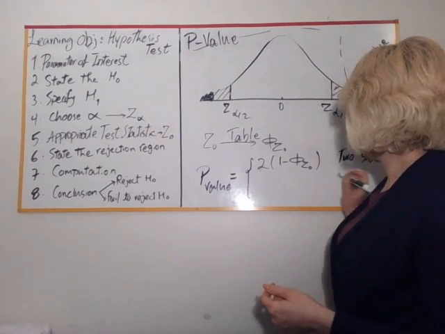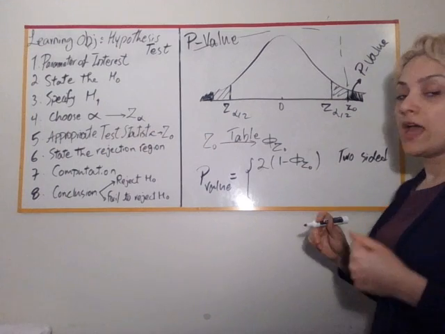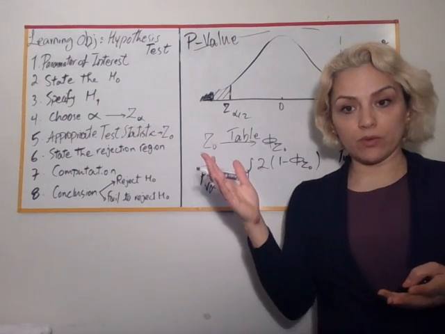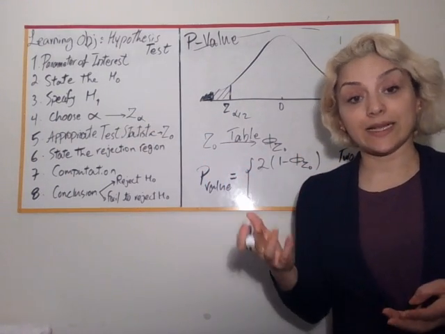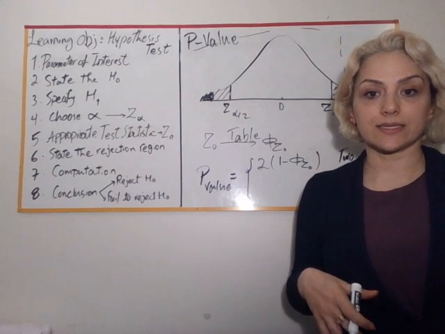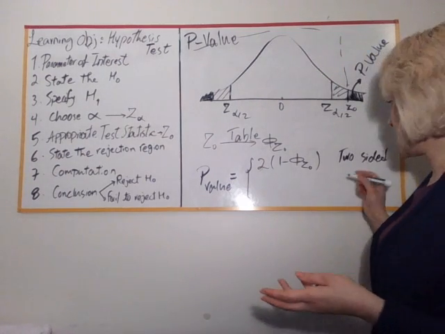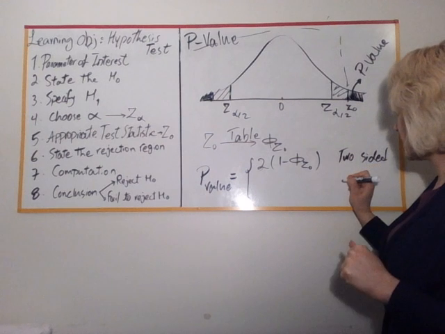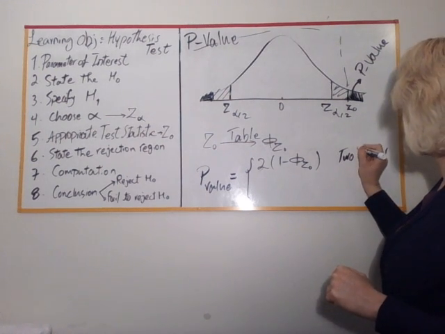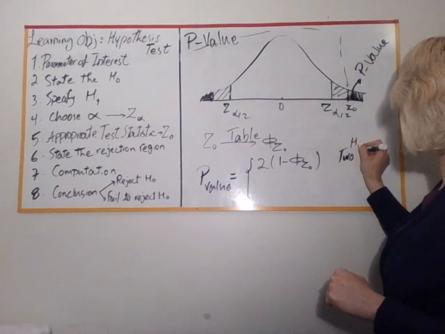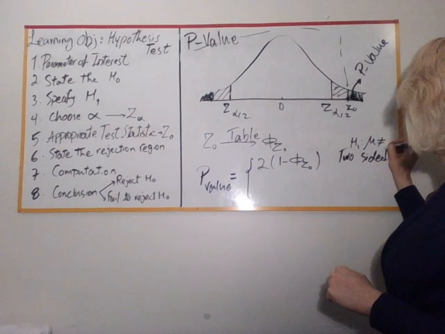What about if it was one-sided? For the one-sided, we can have an upper tail test or a lower tail test. For the two-sided test, the alternative hypothesis was mu is not equal to mu null.